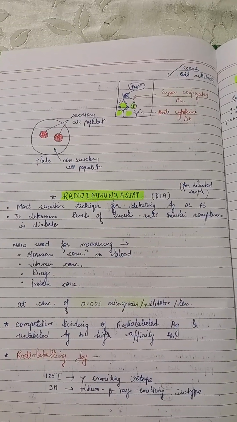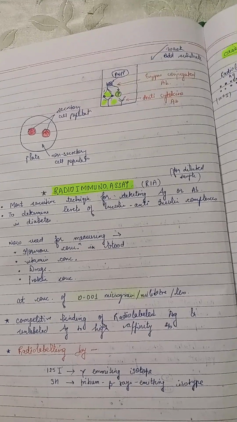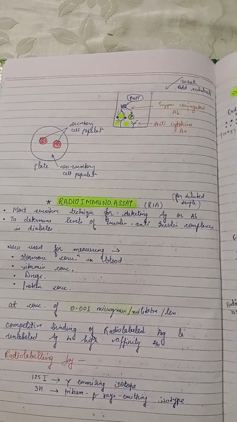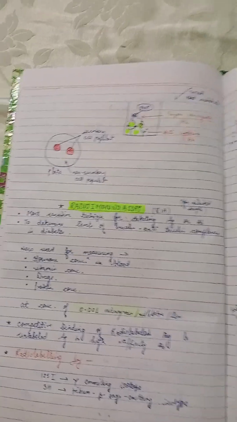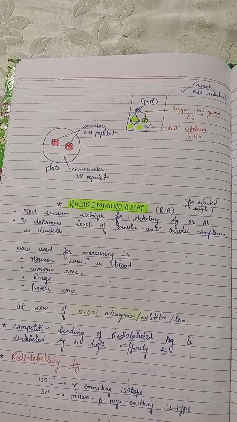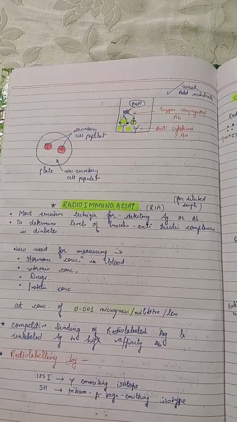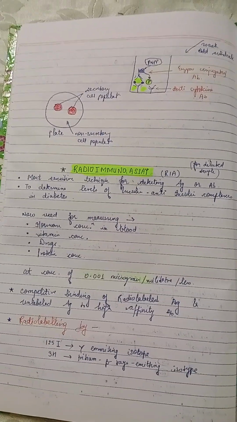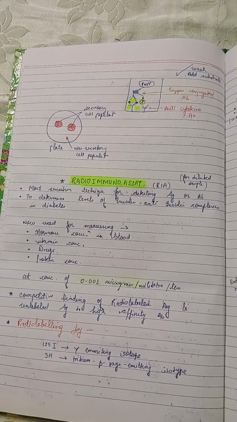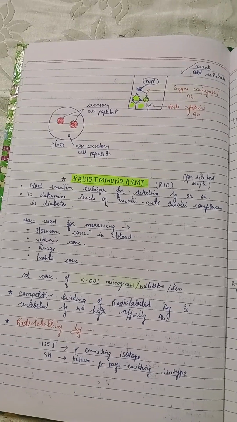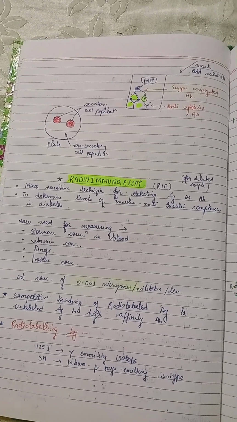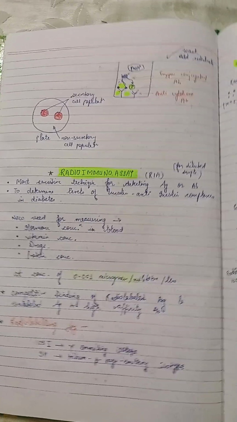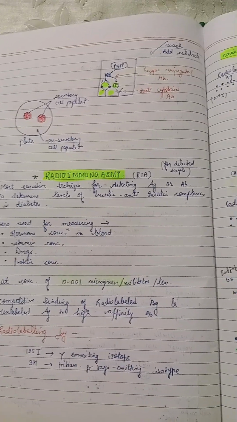Radioimmunoassay is RIA. It is used for the measurement of drug, hormone, vitamin, or protein concentration in blood. It is the most sensitive technique since we are using radiolabeling. Radiolabeling is done by iodine-125, which is a gamma-emitting isotope, and hydrogen tritium, which is a beta-emitting isotope.